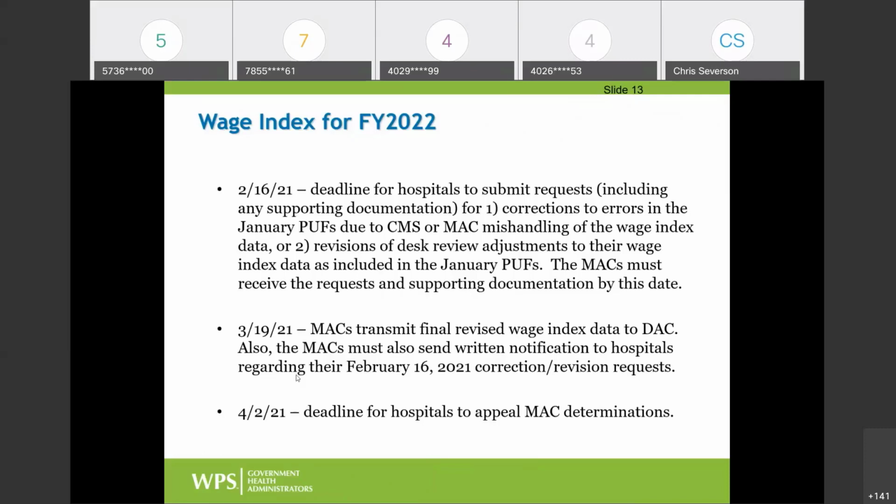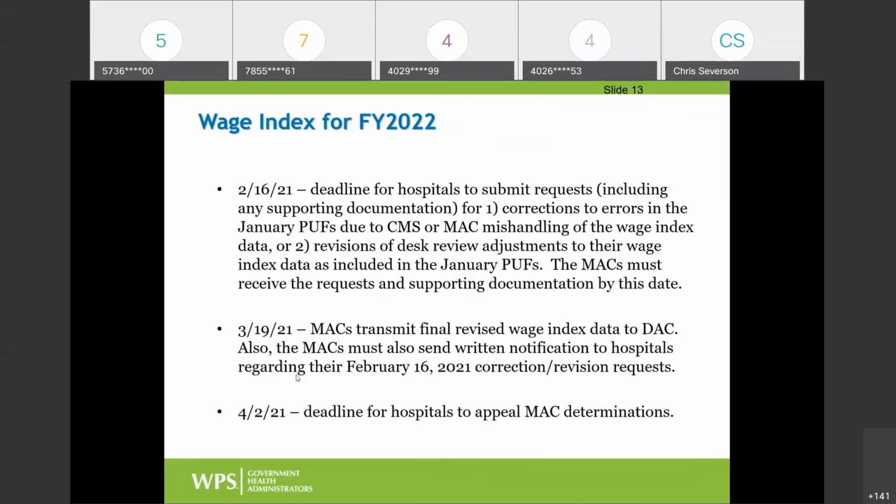We need to receive it by February 16th, because then we have to turn around and potentially do some more review on it, depending on how broad it is, what exactly it is. And we have until March 19th to submit that final revised data back to CMS. And then, of course, we'll notify you as a provider, basically just a response that, yes, we've received it and handled it in one way or the other.